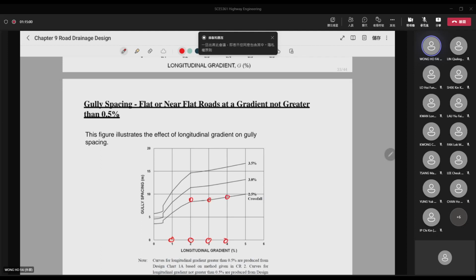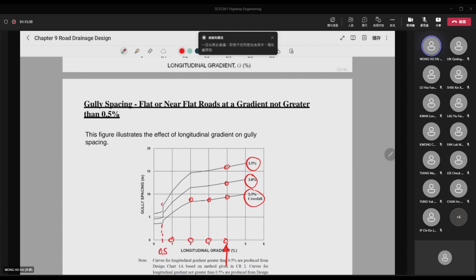And for the same longitudinal gradient, say this 4%, with a larger cross-fall, the gully spacing also increases. So for both the longitudinal gradient and the cross-fall, if they increase, then the gully spacing also increases.